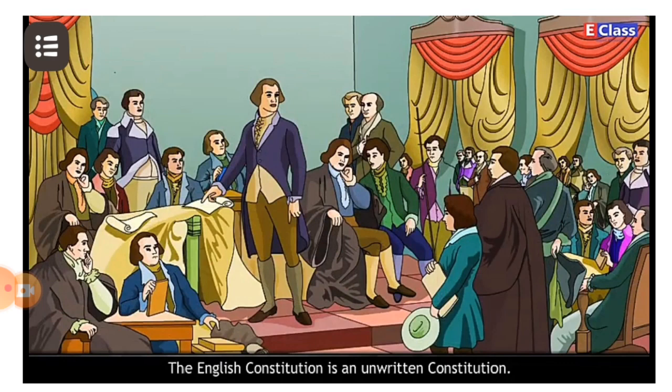The governance is carried out with traditions, customs and conventions. The British Parliament is an institution that has evolved over a period of time. The parliamentary system of government, having its roots in Parliament, is considered a contribution of England.